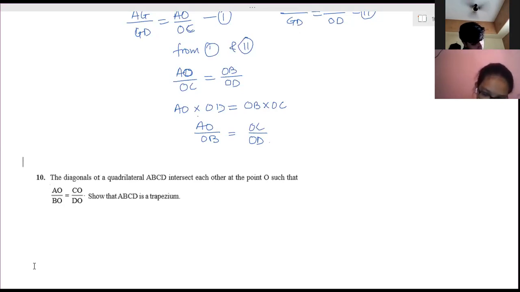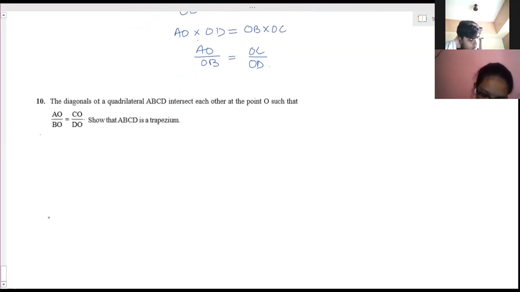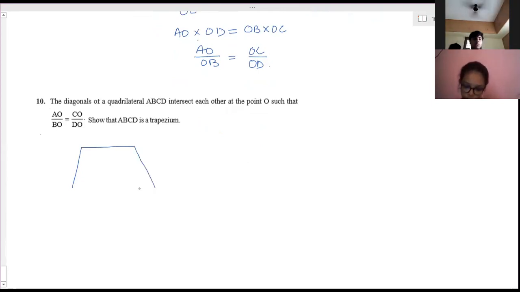I'm done. Here is the same construction.